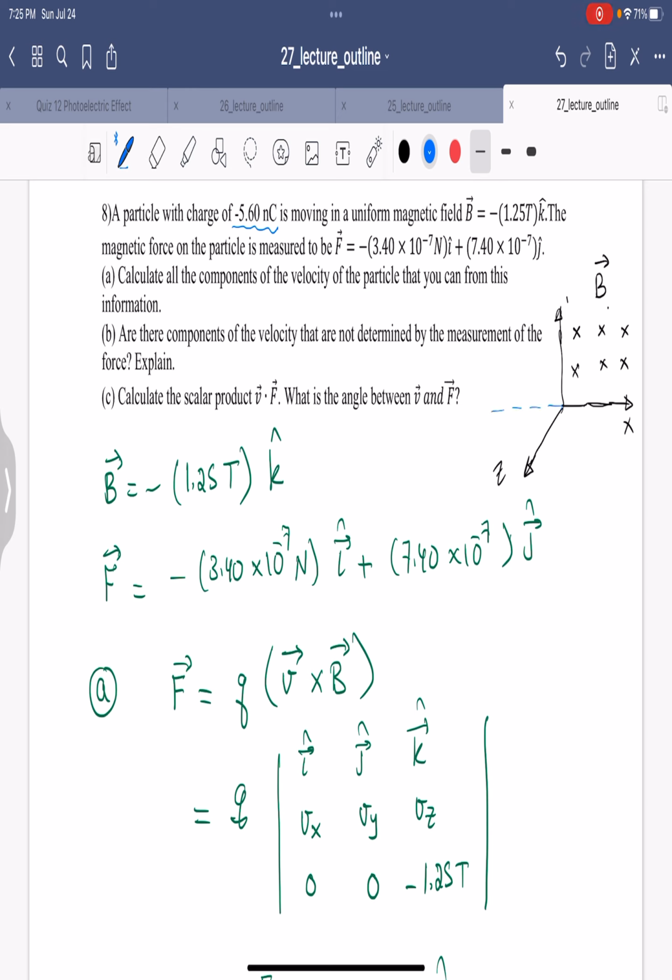Then I will say the force is going to be something like this, in this direction. And of course, we are going to work with this problem.